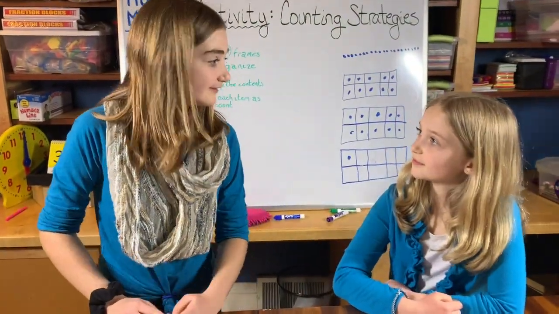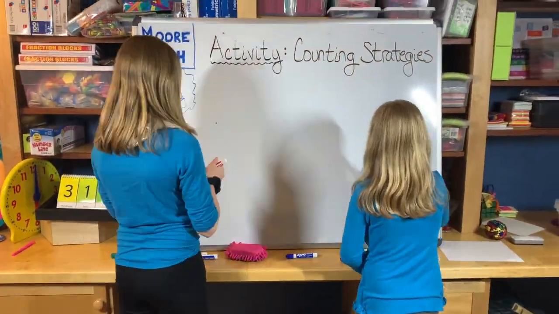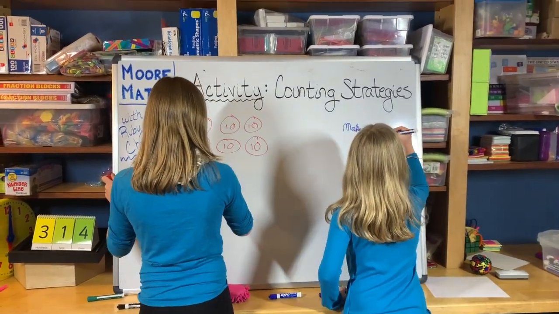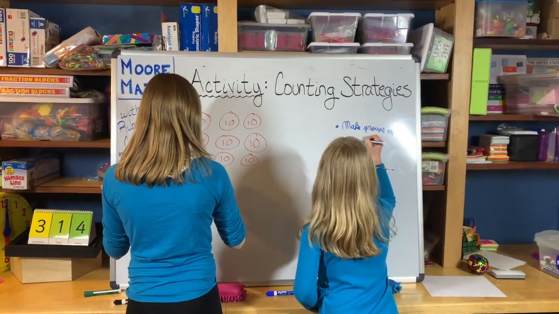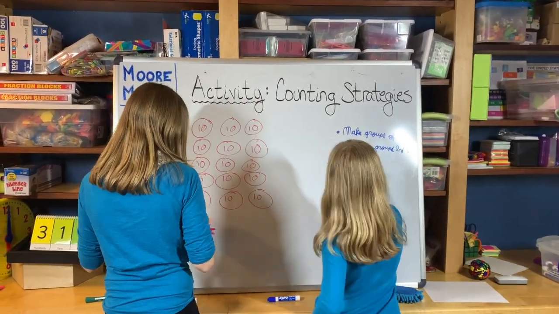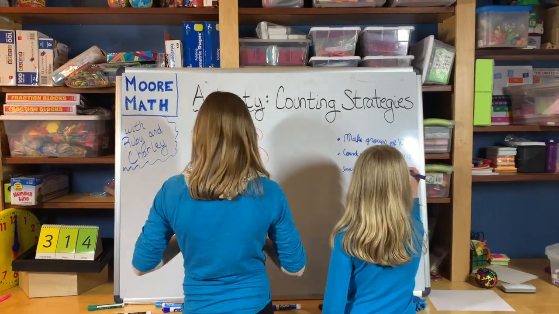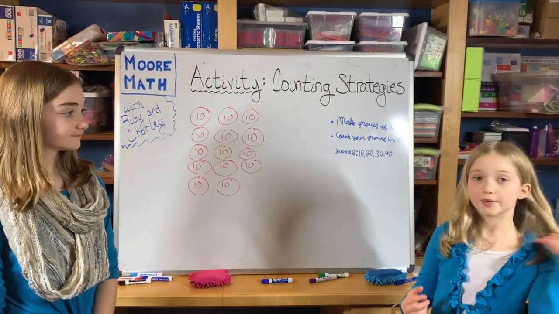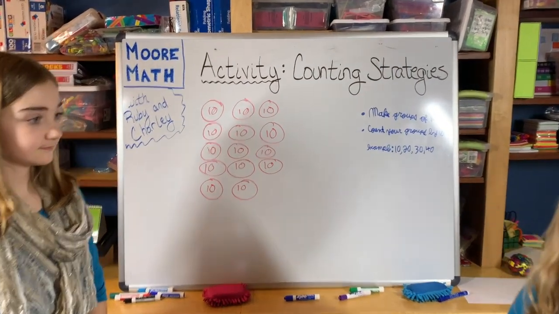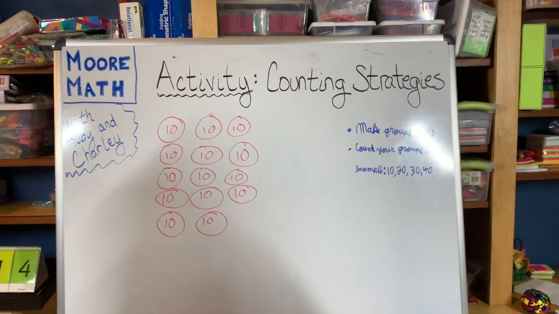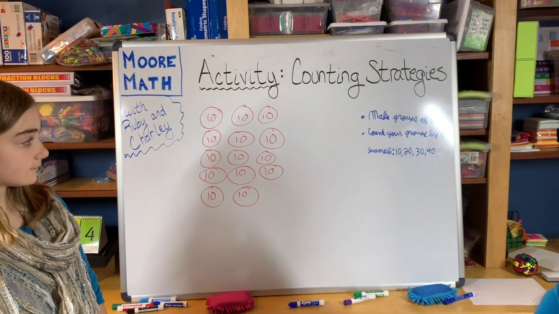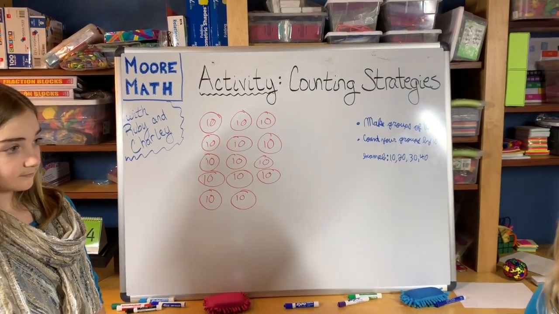Let's write on the board. So what we did was we made groups of 10, and then we counted our groups by 10, 20, 30.